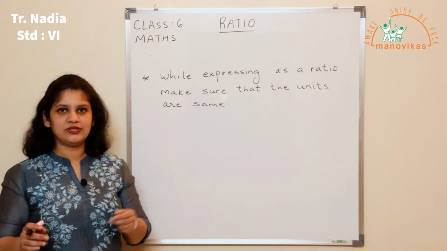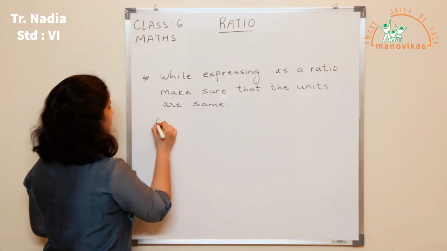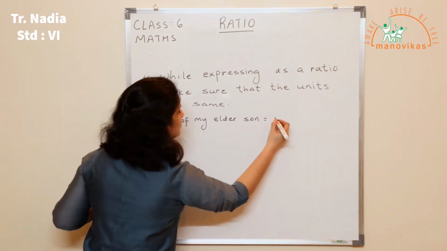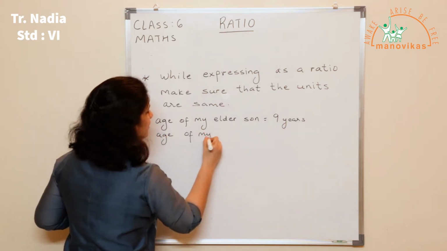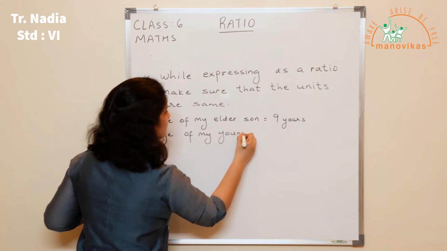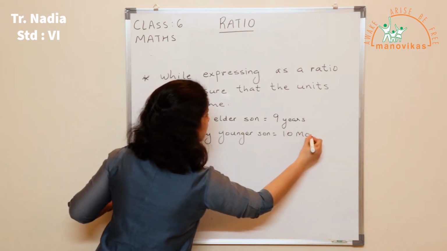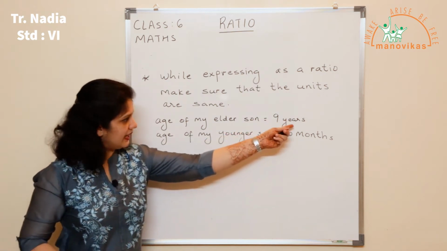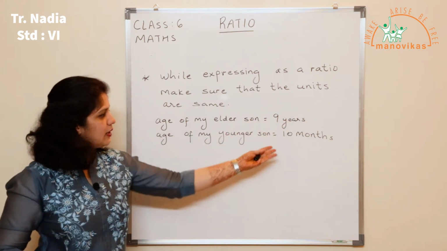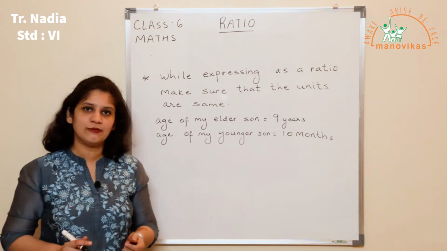Say I have two sons. The age of my eldest son is equal to 9 years and the age of my younger son is equal to 10 months. Now you can see here, my eldest son's age is in terms of years, my younger son's age is in terms of months.